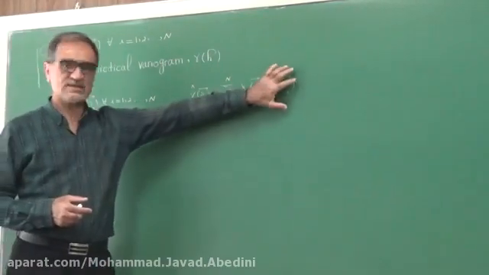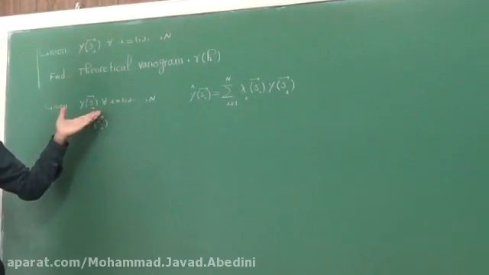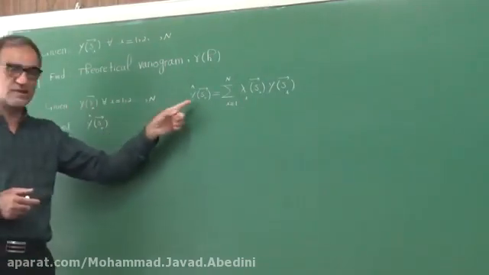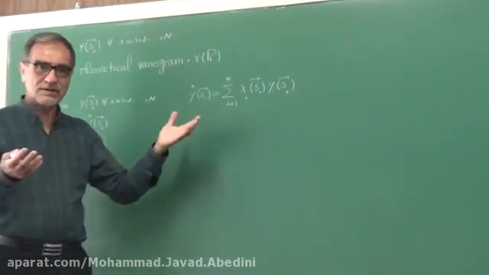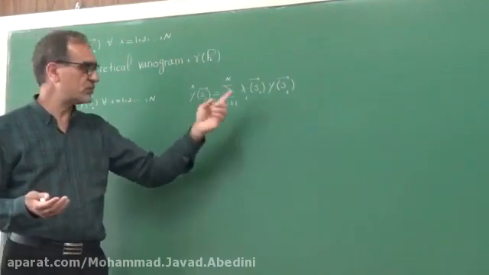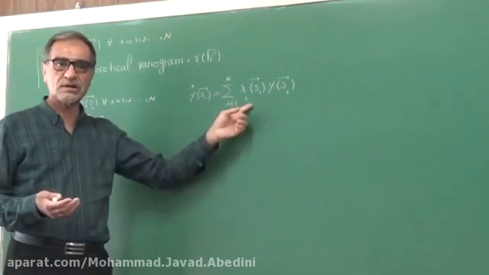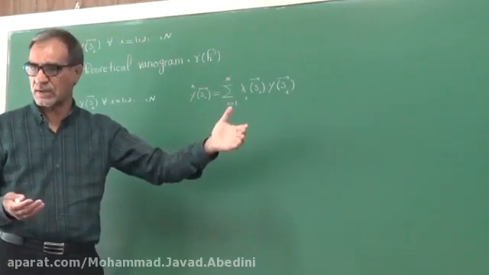We do know this because it is here. We are looking for this. So, if we know this and we are looking for this, what we need to know are these lambdas: lambda 1, lambda 2, lambda 3, up to lambda n.